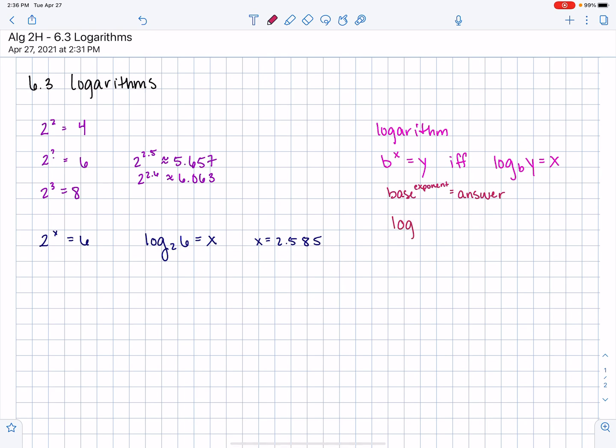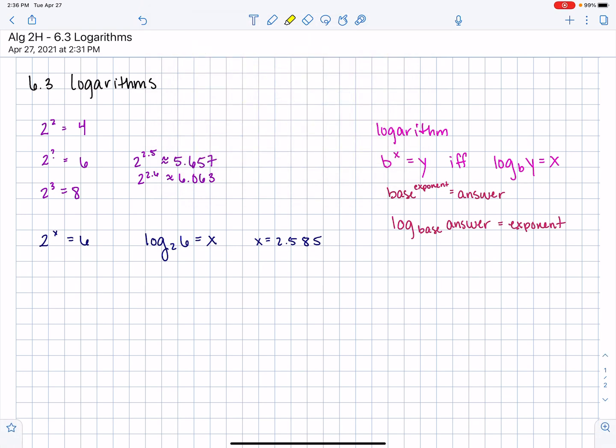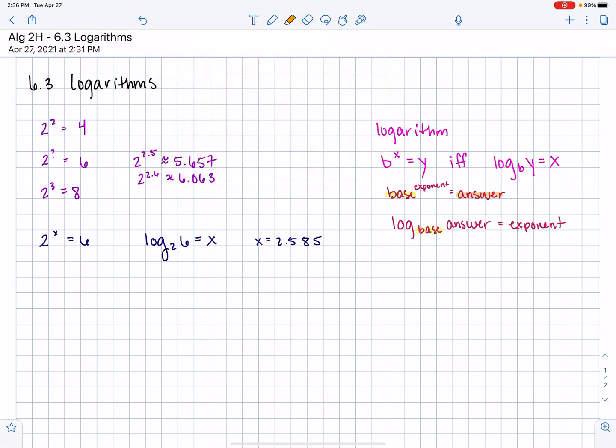So log base, of our answer, is equal to our exponent. And I'm going to highlight these to show you where all of these numbers go. So let's start with our base. So log base, those stay the same, but now we have an answer, and we're going to take the log of our answer, which is, of course, equal to our exponent.